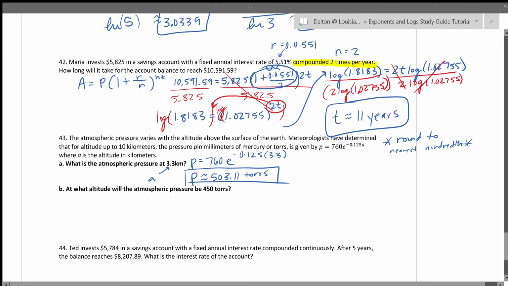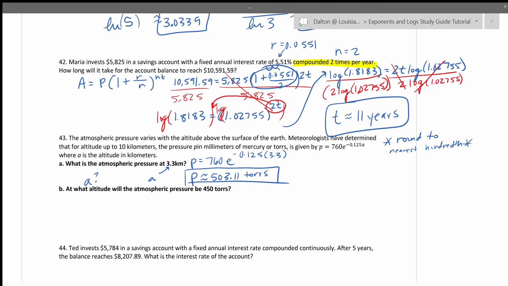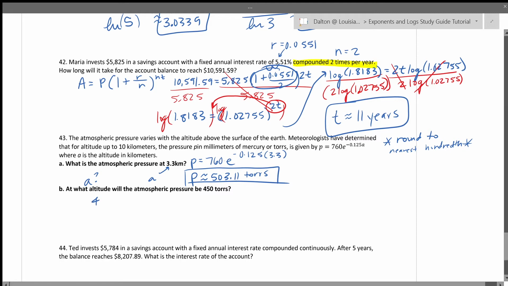Part B goes backwards. It says at what altitude, so if A stands for altitude, that's now what we're solving for, will the atmospheric pressure be 450 torrs? So I'm going to substitute in 450 for P equals 760 times e to the negative 0.125 A power. So again, I've got a variable stuck inside of an exponent.